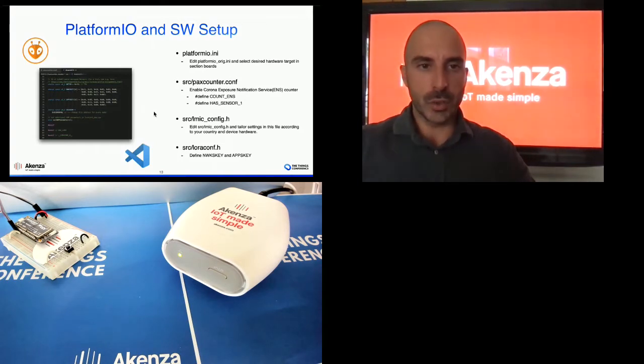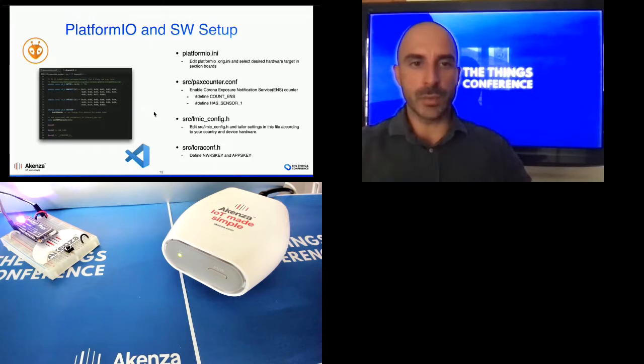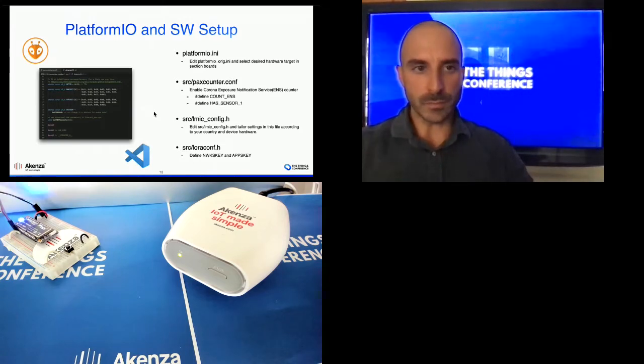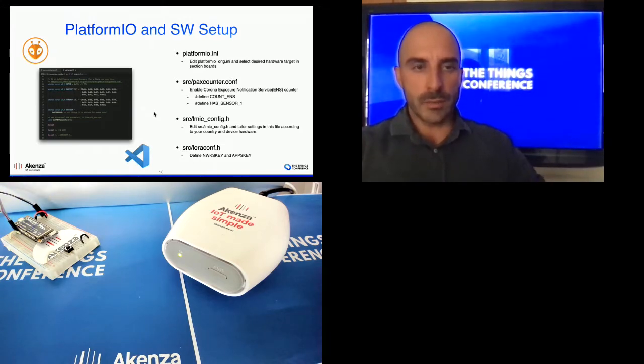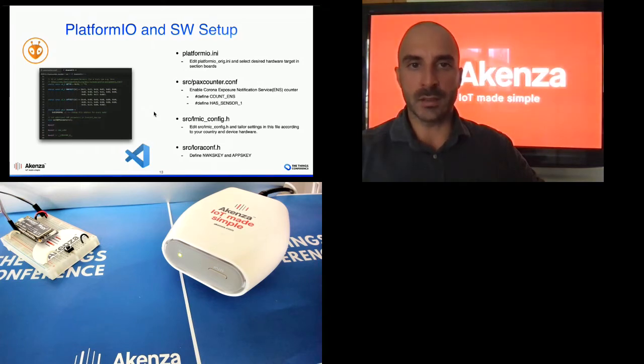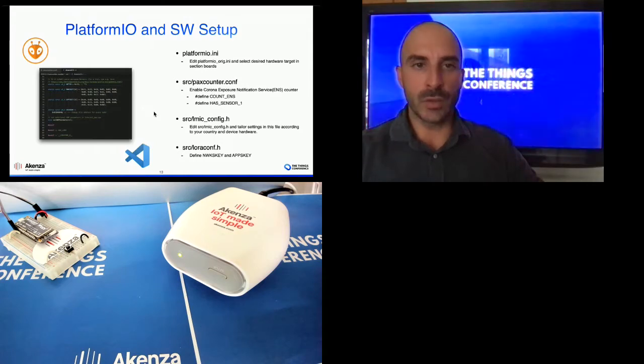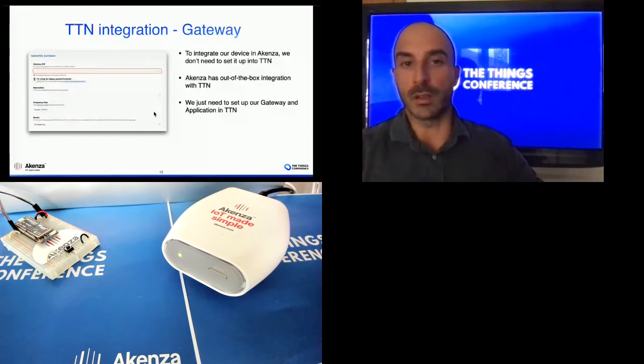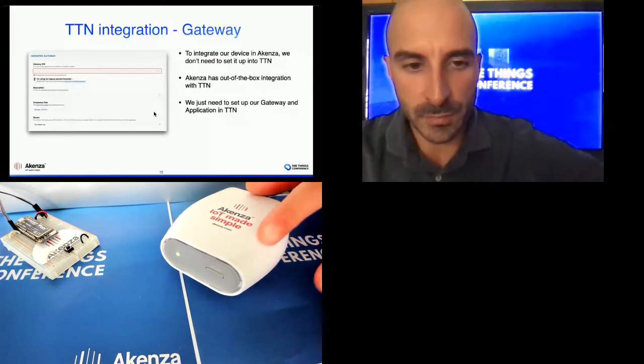So it's time to show you how TTN integrates with Akenza. As I briefed you before, the TTN integration with Akenza is just needed for the gateway, as Akenza has an out-of-the-box integration with TTN. So everything that you have to do is to integrate the gateway, this one that you are seeing.